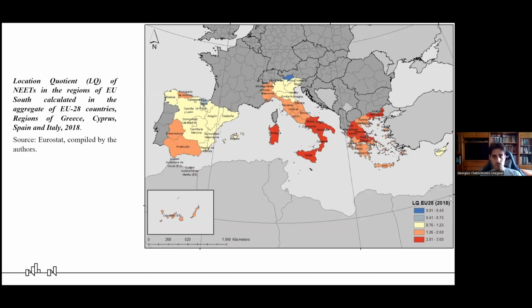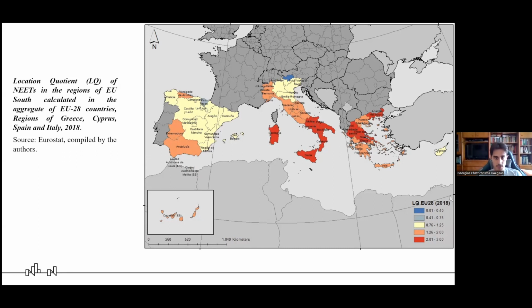What we can see from statistics, but also from qualitative data, is that we have an overconcentration of needs in the European South, and this is pretty noticeable in the map that we see. This is a map that weights the concentration of needs related to the EU average.